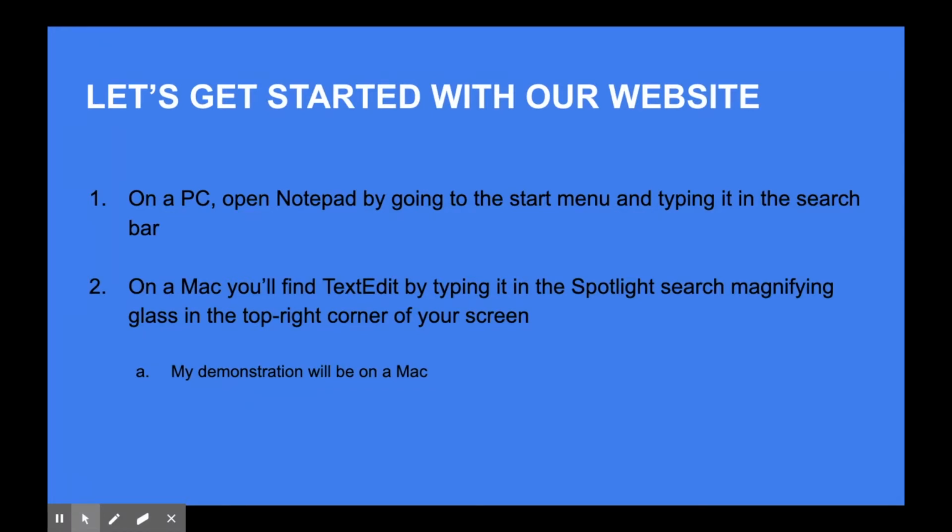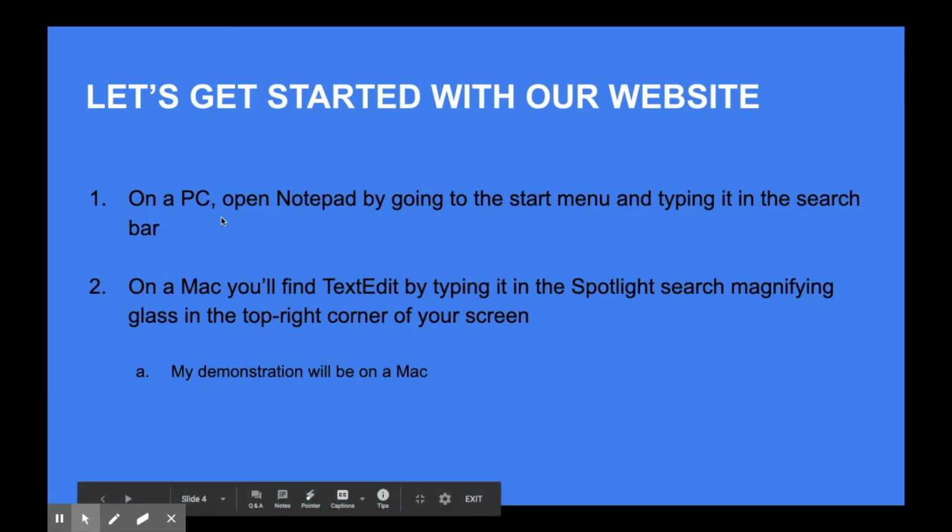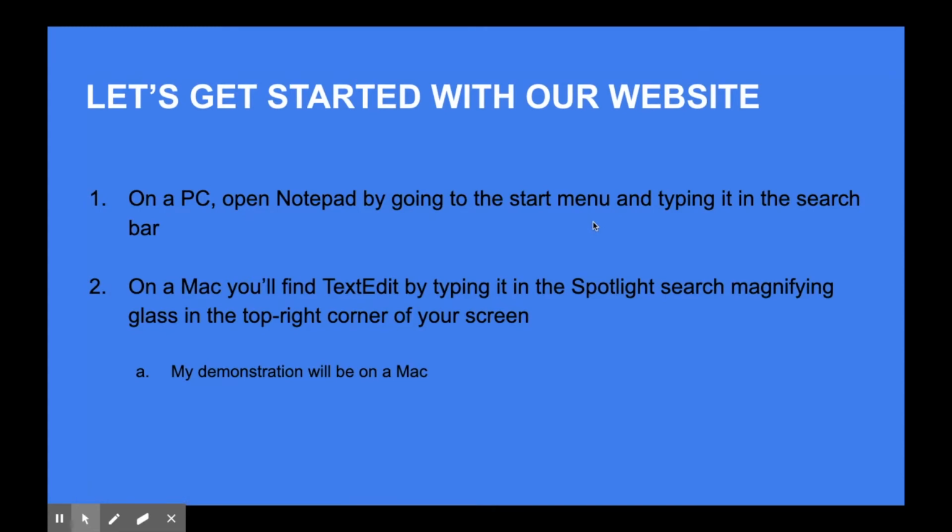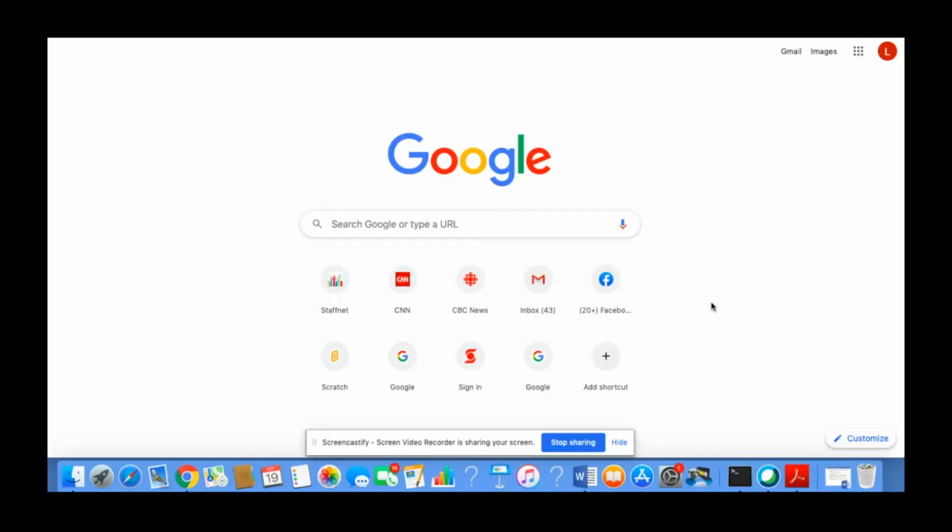You'll find that by typing it into the Spotlight Search magnifying glass you find in the top right-hand corner of your screen. I will be doing my demonstration on a Mac. So if you're on a PC, go ahead and open Notepad by going to the Start menu and typing it in.